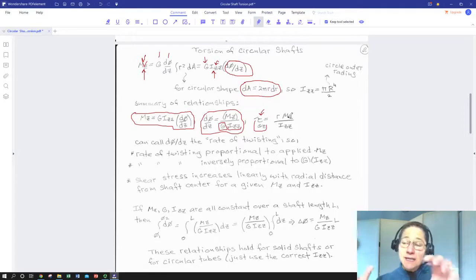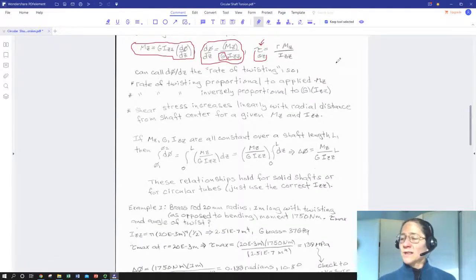So if somebody needs to get a certain angular deflection from some material for some reason in a circular shaft, you could say, okay, you can apply moment for this given configuration up to the shear stress that corresponds to yield minus some safety factor that you'd want to apply. So these three relationships all allow you to design or check for different things that might be important in your design or for your material.